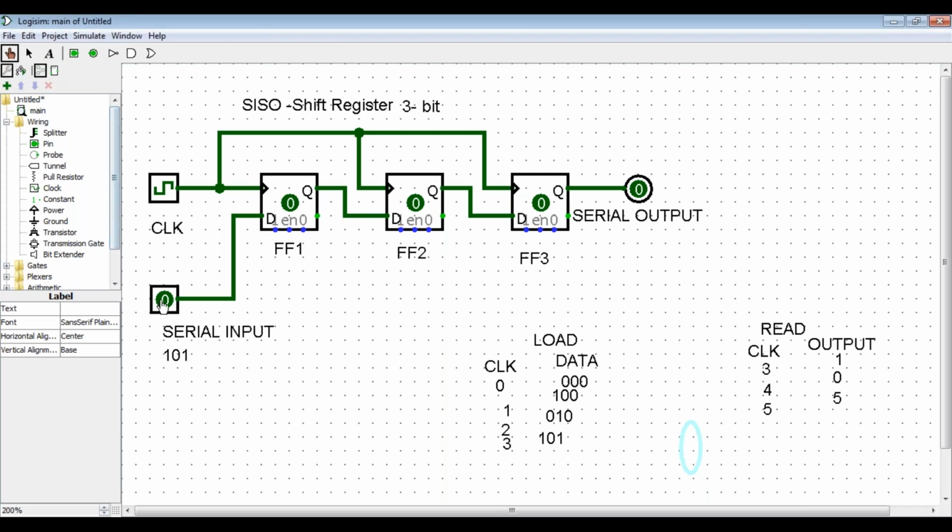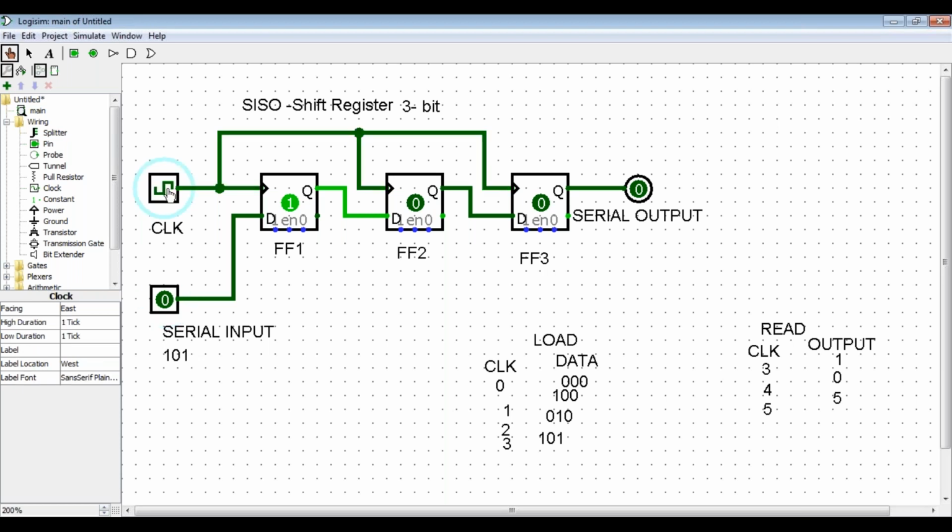First I'm giving input, my first input 1. Again I am going to give the clock. For my first clock, what will be the output? 1 0 0. What is the second input? The second input is 0.